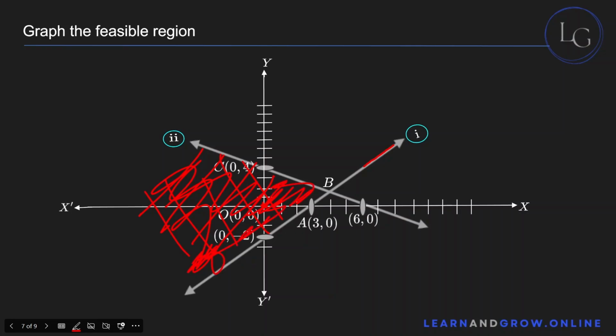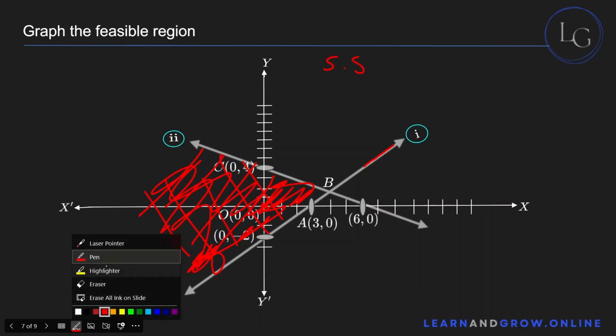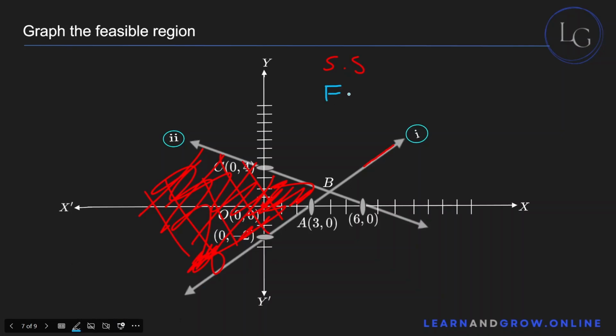Now, we have to find the feasible solution set, right? So let me do it with another color. So you have this over here, and the red shaded region is the solution set. And now let's shade the feasible solution set with blue.